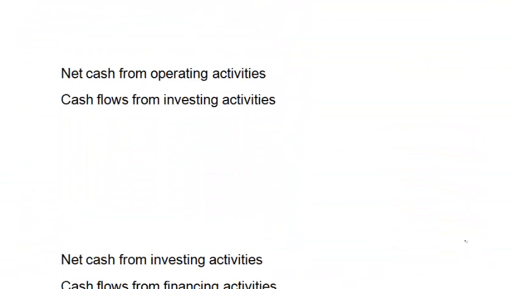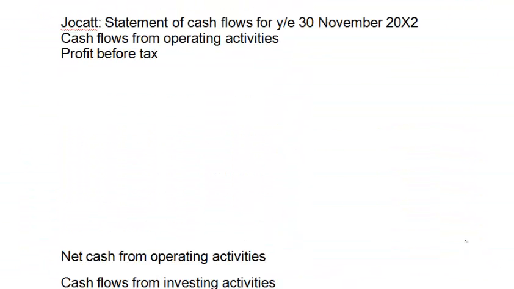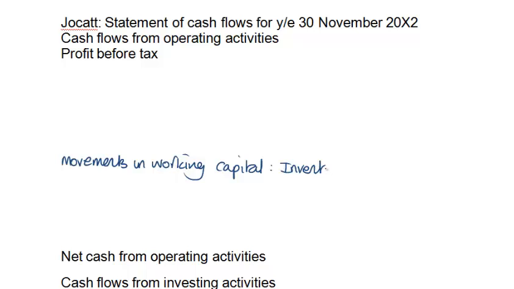So what I'm going to do here, start off with profit before tax, and we'd normally have a section for movements in working capital. In terms of inventories, what's happened is that they've gone down.